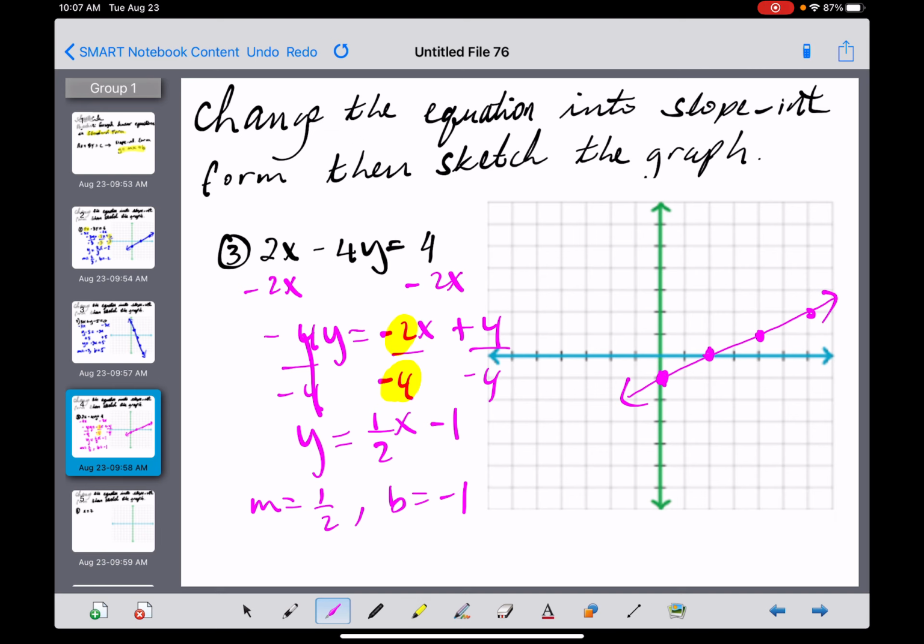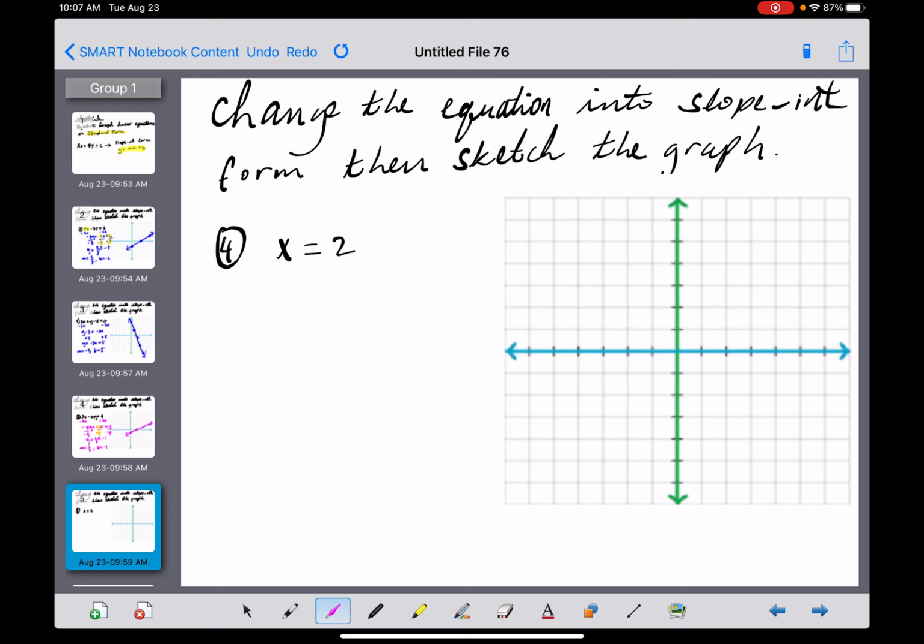Okay, last problem. This problem right here is a special case because it is already in slope-intercept form, standard form as well. You will still get a line. And we talked about this special case before. Whenever you have an x equal to a number, you always get a vertical line.